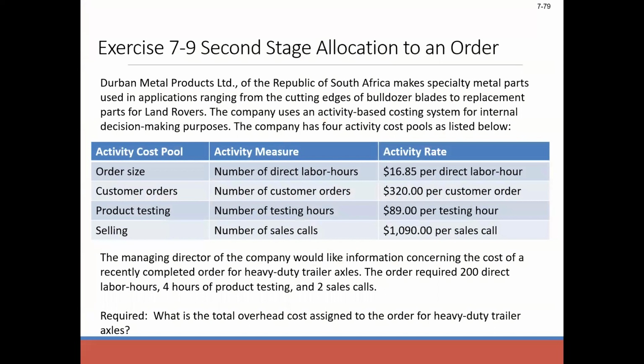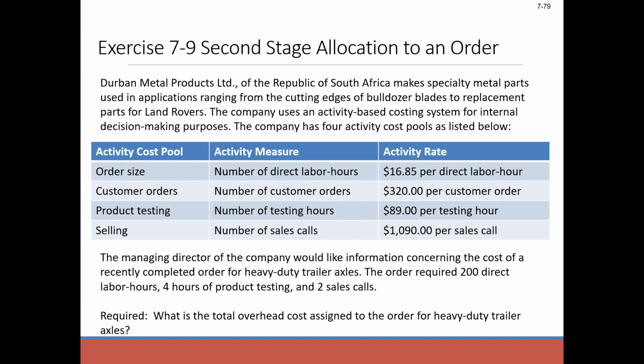Here, let's look at this exercise 7-9. Durban Metal Products of the Republic of South Africa makes specialty metal parts used in applications ranging from the cutting edges of bulldozer blades to replacement parts for Land Rovers. The company uses an activity-based costing system for internal decision-making purposes. The company has 4 activity cost pools shown below.